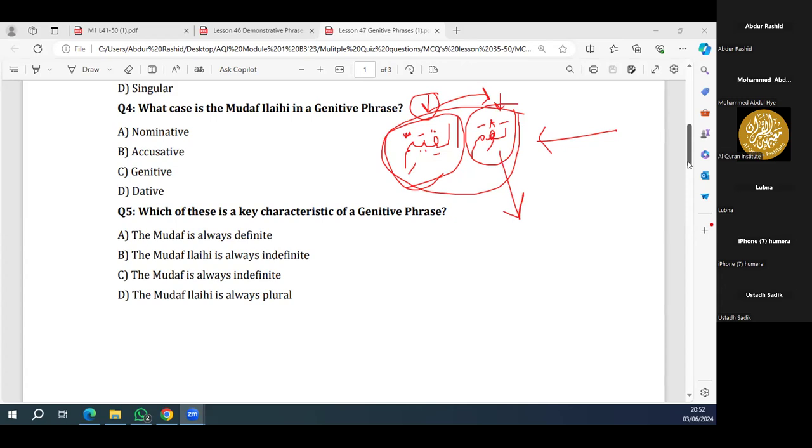It's a time, zarfe zaman. So this is zarfe zaman. That's why it is mansub, and the actual word was yawmun. But because it's definite, it has lost the tanween. And mudhaf will lose tanween.